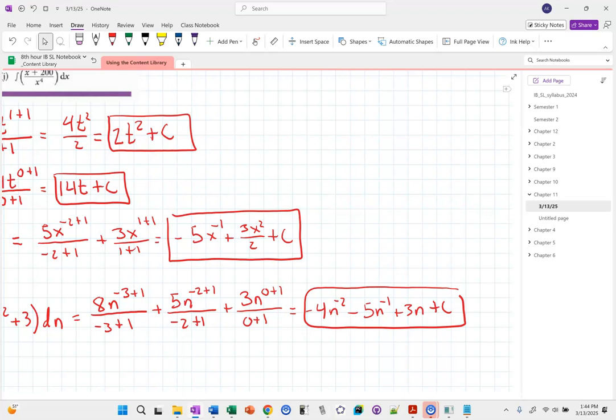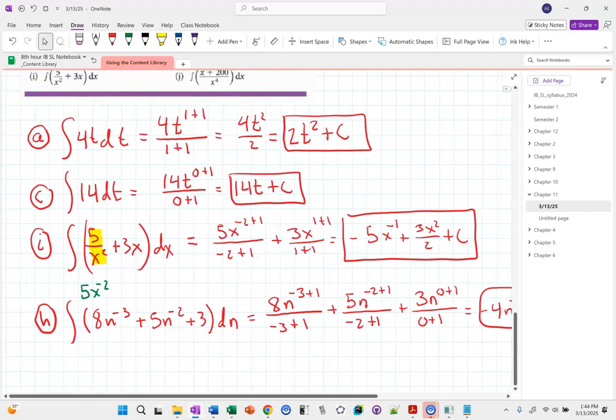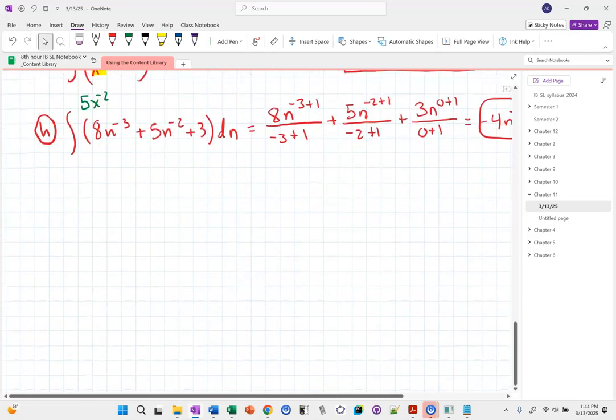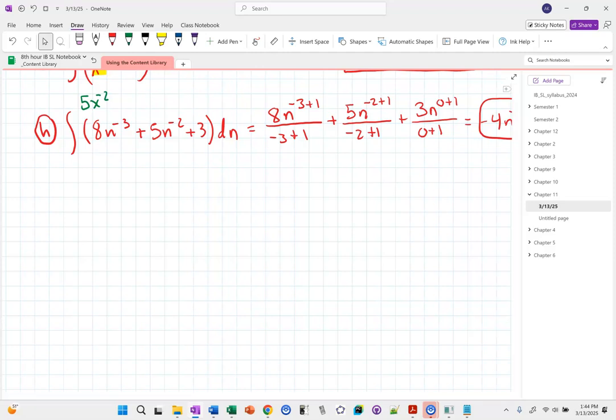Now, what if we want to find that C? Well, to be able to figure out what the specific C is, it's no big deal. You just need another piece of information. You need to know any point on the original function.